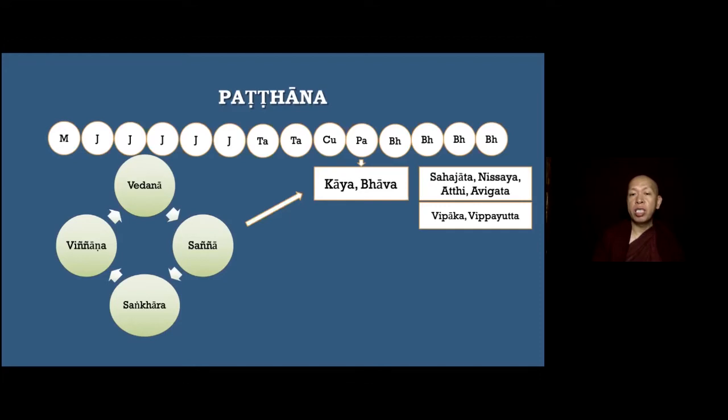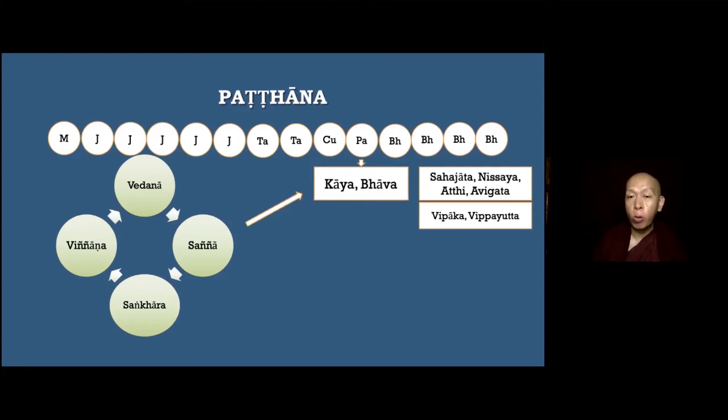Nama can take objects, rupa cannot take any objects. They have different bases. That's why there will be vippayutta. This is the basic theory for nama to rupa relationships. Whenever there is nama to rupa, there will be the four sajata types, and also vipaka and vippayutta. It's normal. Altogether six.